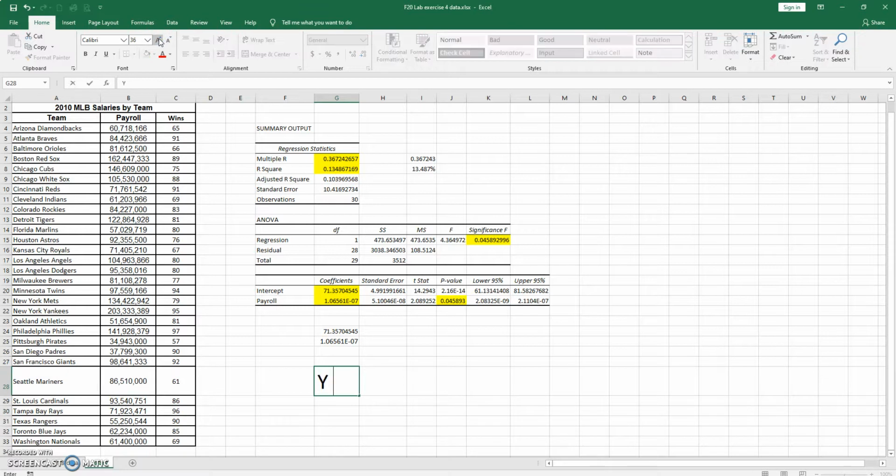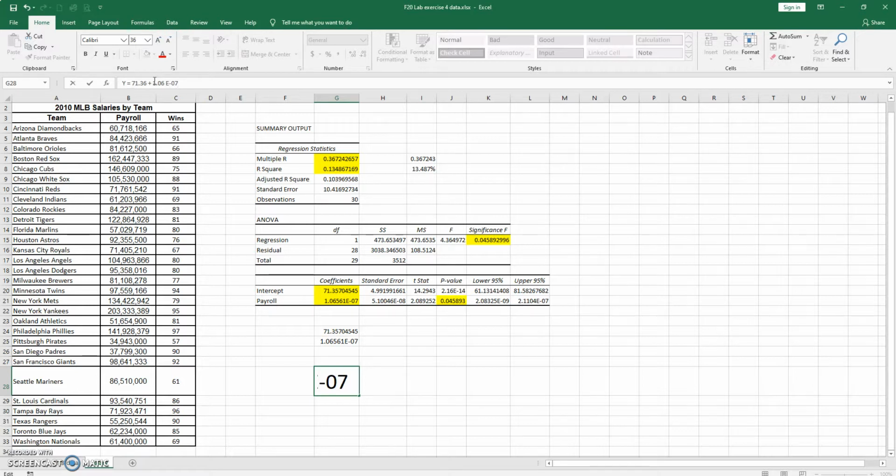So estimated y is going to equal the intercept, 71.36, plus the slope of 1.06 e negative 07 times x.